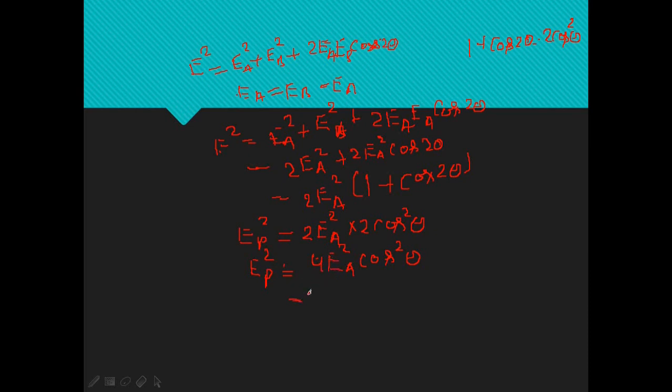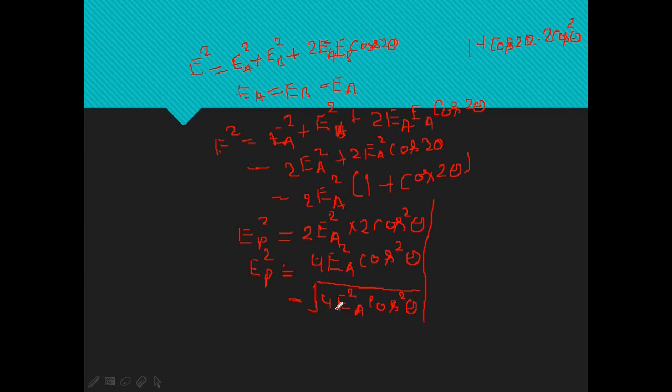Now whole under root means 4 EA square into cos square theta here. Clear, student?